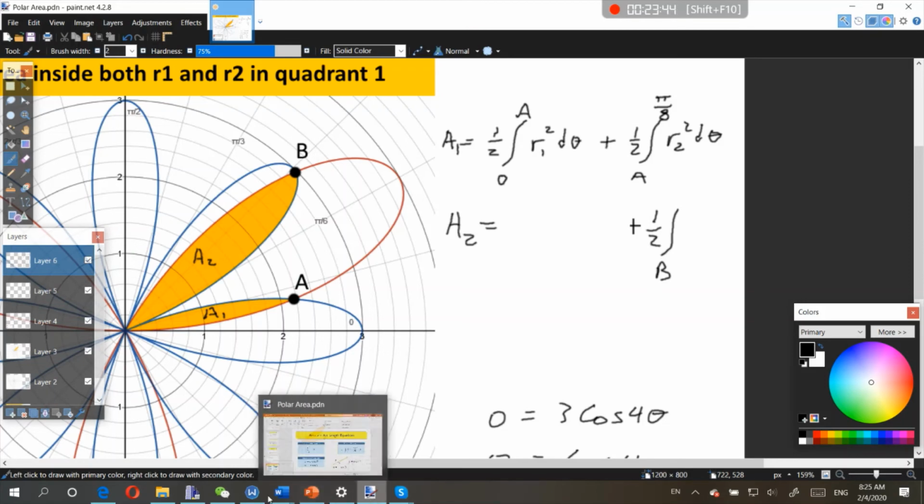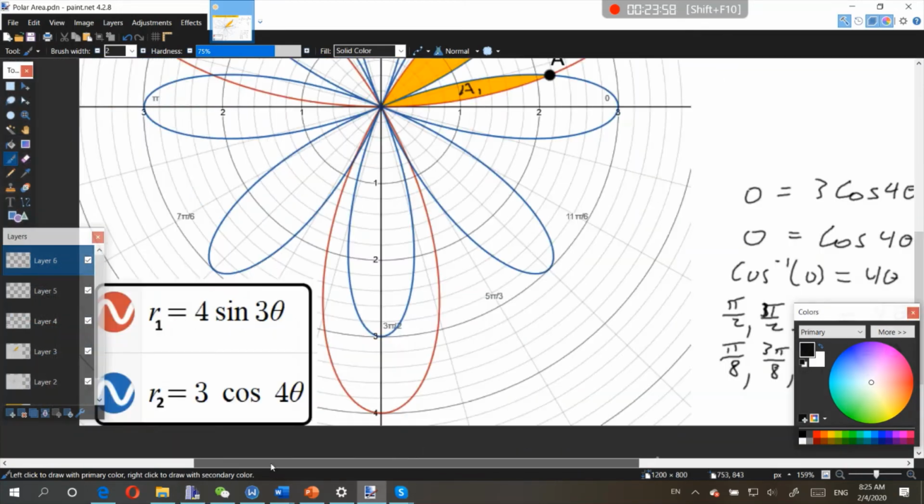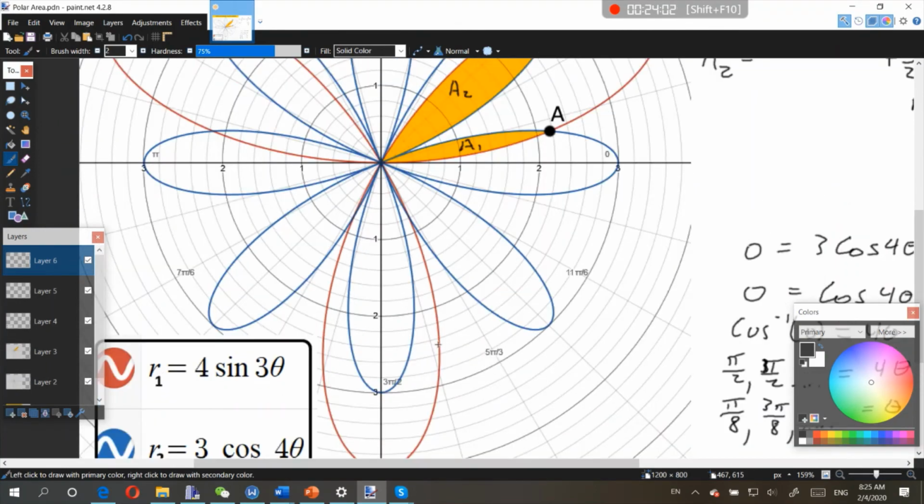So I'm going to jump back into our calculator again. Our sine function is hitting 0. How often? When is our sine function normally equal to 0? Pi, 2 pi, and so on. So 0, pi, 2 pi. If I divide by 3, then I'll get every time that it would hit 0 for this function.